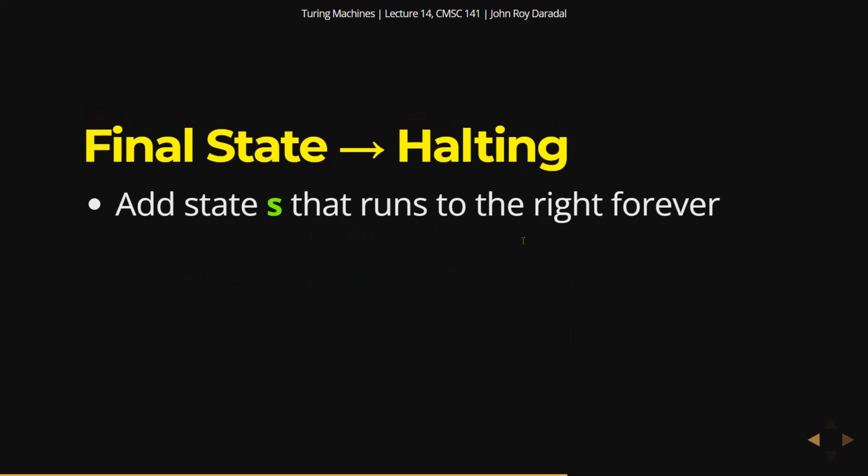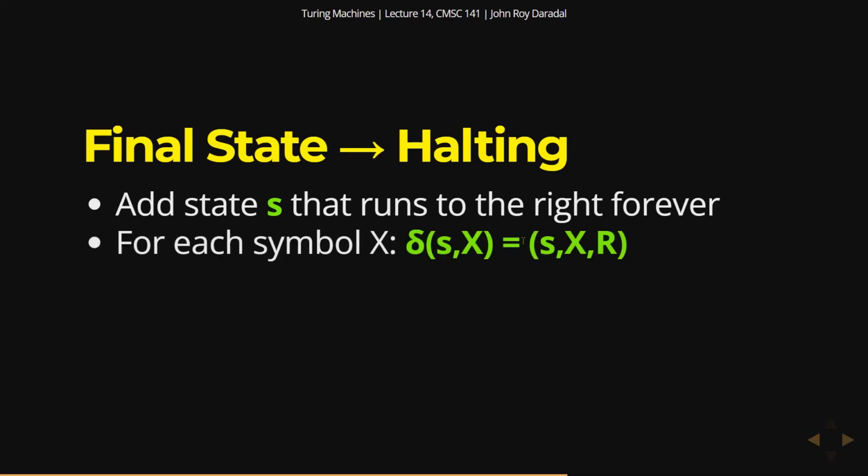So what we'll do is we'll add a state S that runs to the right forever. Okay, so we'll add a state which will make it not stop. It keeps running to the right. So for each symbol x, we will add a transition on S with x. It will keep on running to the right. It will stay at S, keep the symbol and just go to the right.